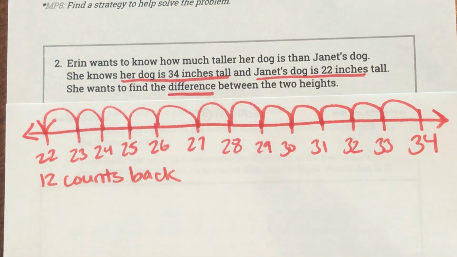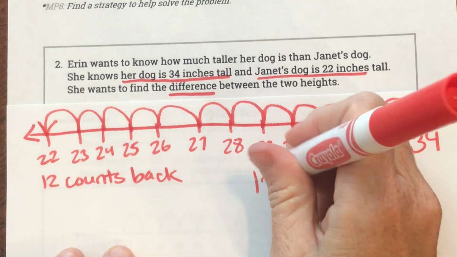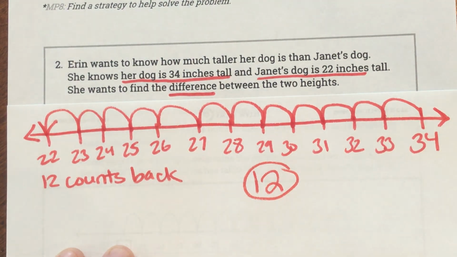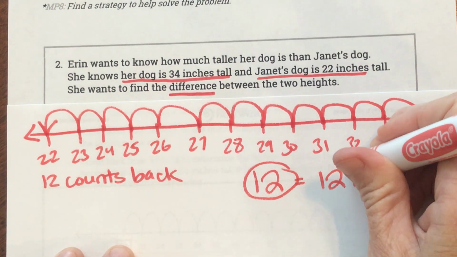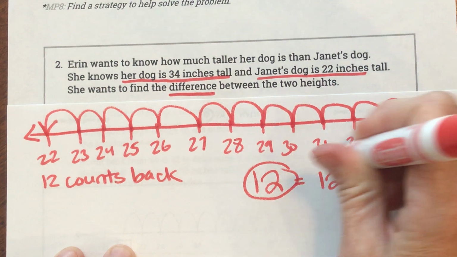That's what I had to do to find that. I had to go 12 counts back to find my answer. So I know that the difference or the subtraction there then would be 12. My difference is 12 is my answer. Or I could be more specific and say my difference is 12 inches.